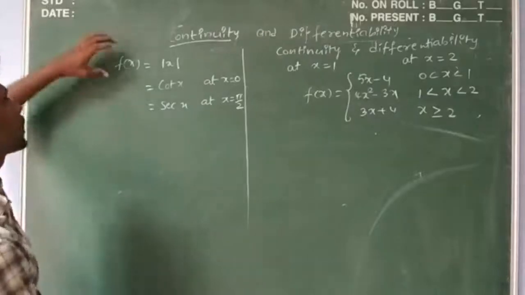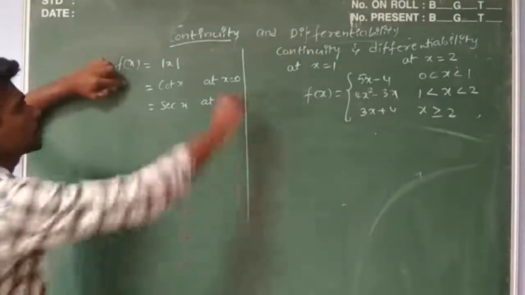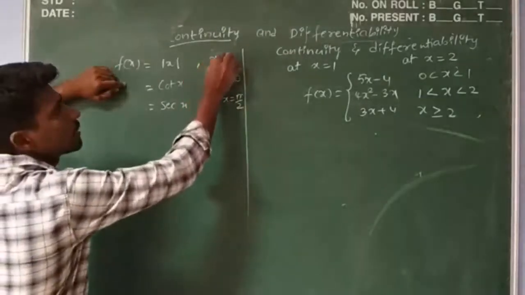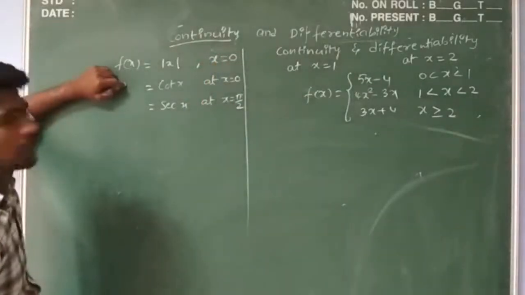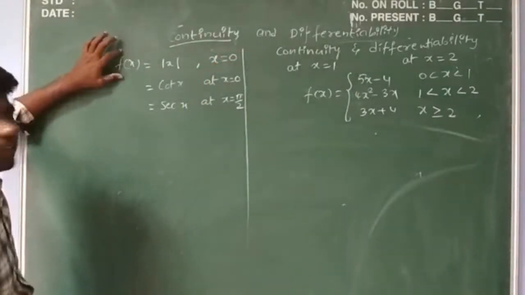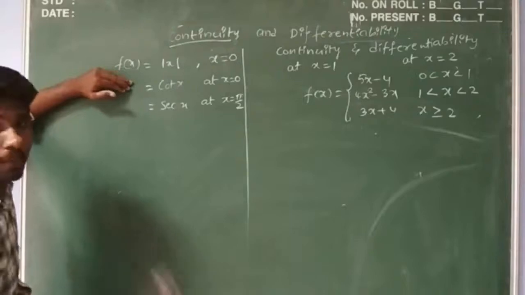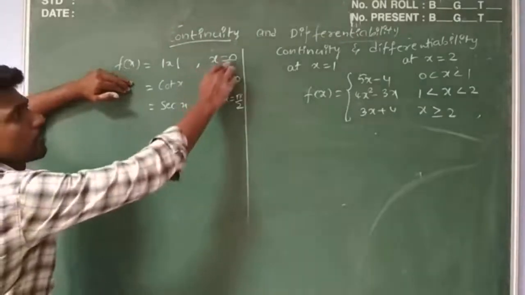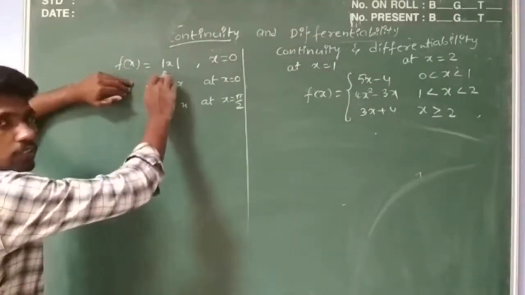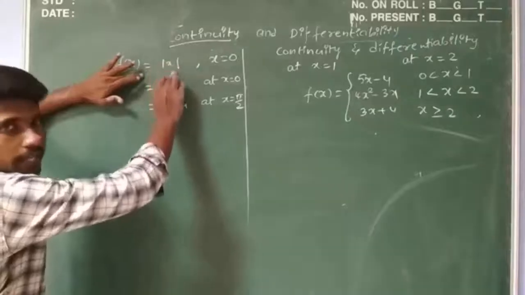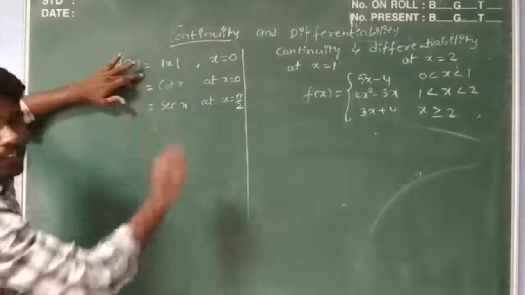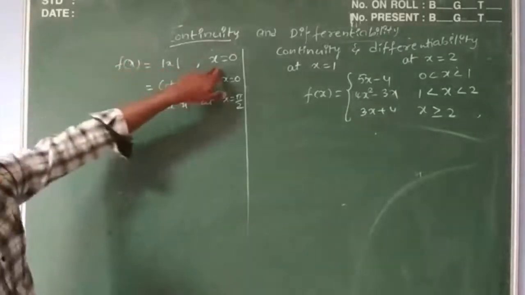Check whether the function f of x is equal to modulus of x is continuous at x is equal to 0, and whether the function is differentiable at x is equal to 0.